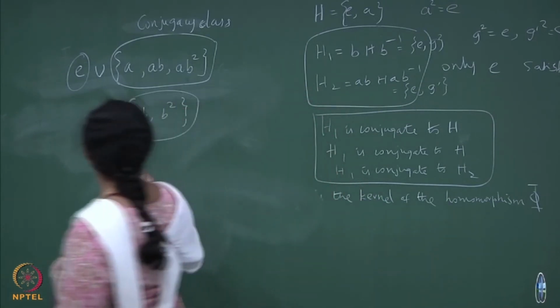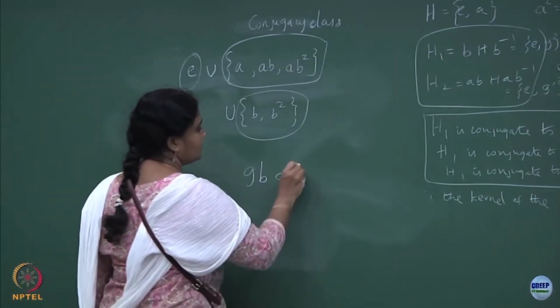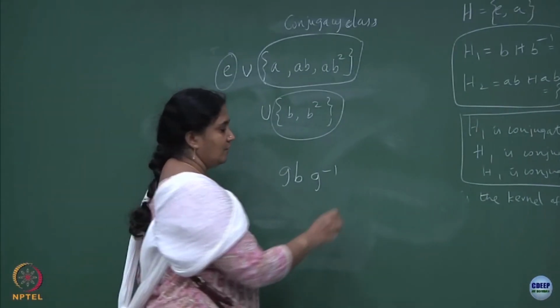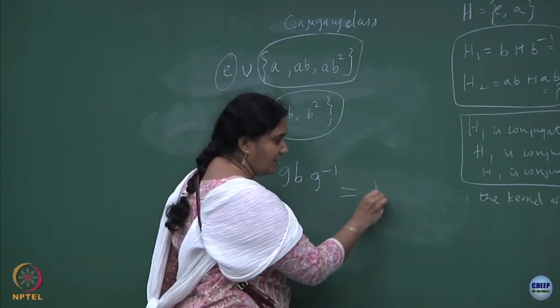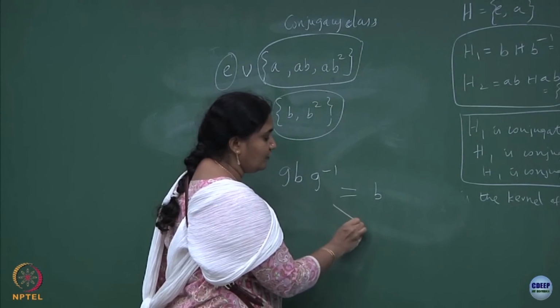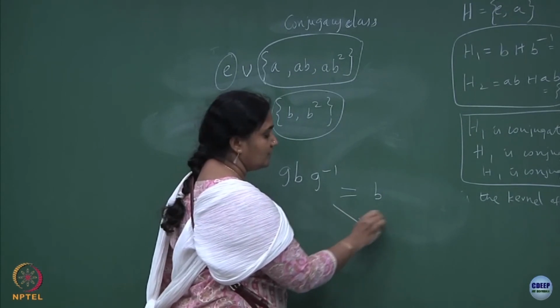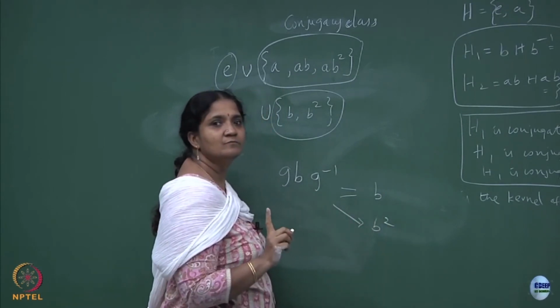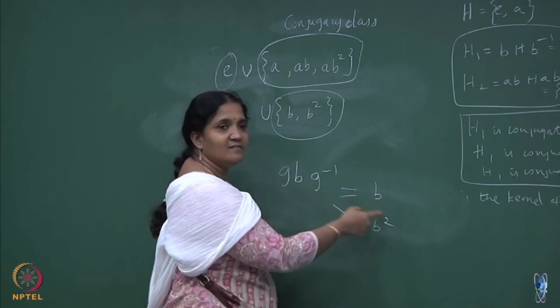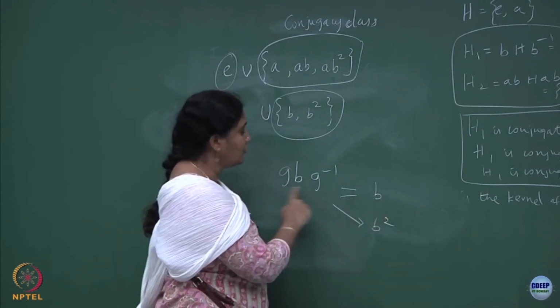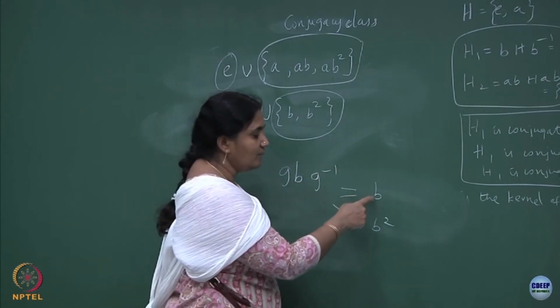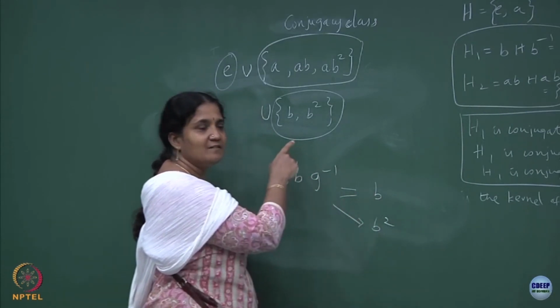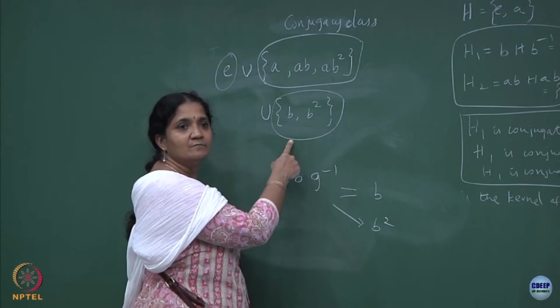Any G B G inverse will only give you either B or B squared. For all G you have to span it. If you do that, you will find B and B squared are the only elements in that conjugacy class.